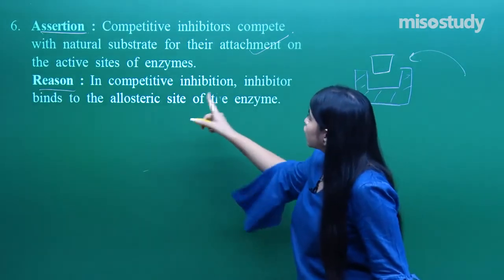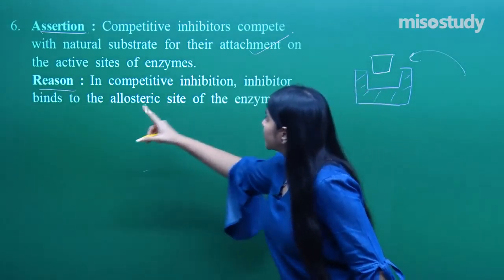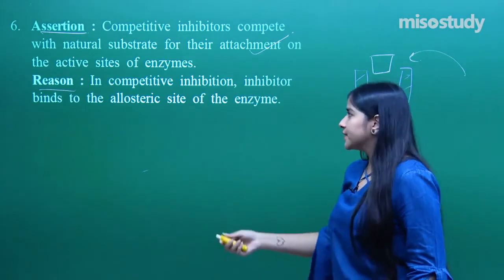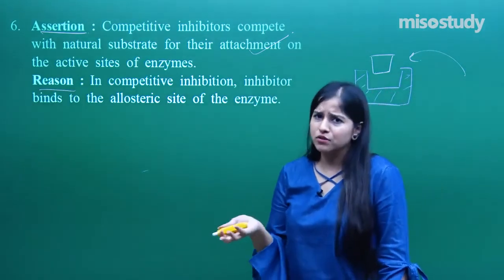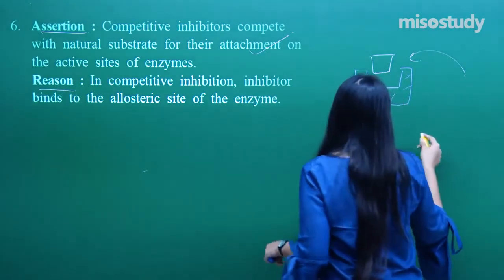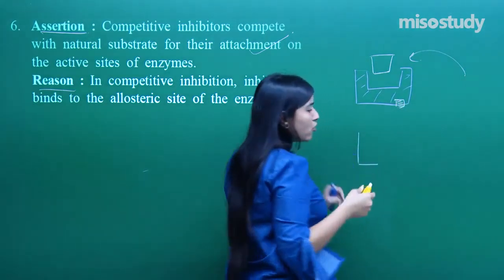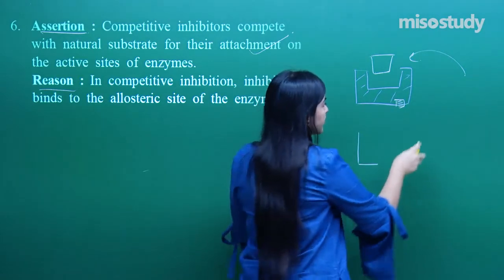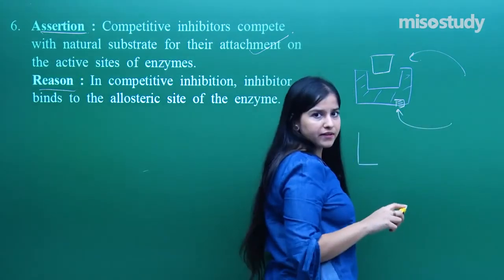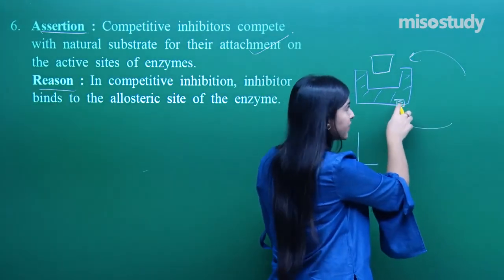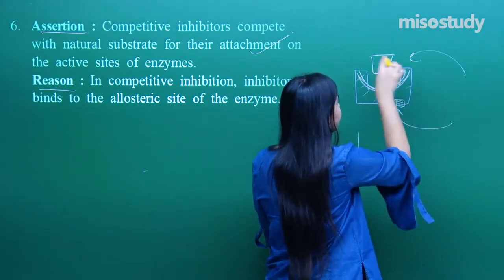Next one: in competitive inhibition, the inhibitor binds to the allosteric site of the enzyme. What they are talking about, I cannot understand, because the allosteric site is something like a site in here, right? So what an inhibitor does is, it comes up here, attaches itself here and changes the shape of the active site.